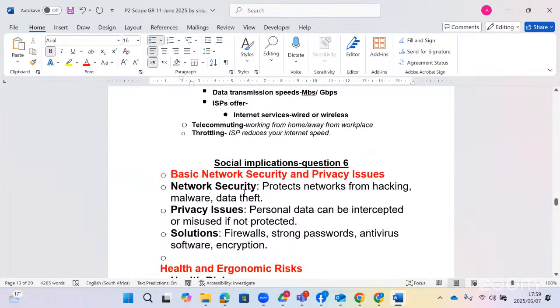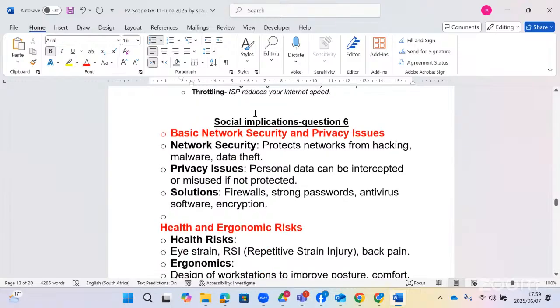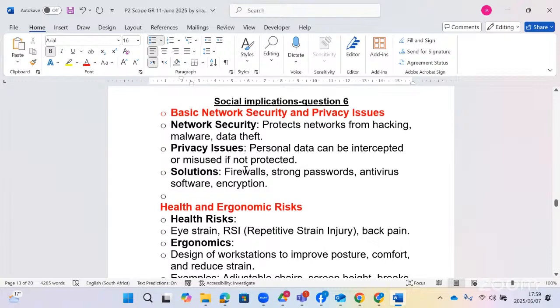Right? Then social implications, the negative side of using technology. What are some of the negative sides? The basic network security and privacy issues, like protecting the network from hacking, malware, and data theft. Privacy concerns: personal data can be intercepted or misused if you don't protect them. How do we solve these network and privacy issues? By having a firewall.